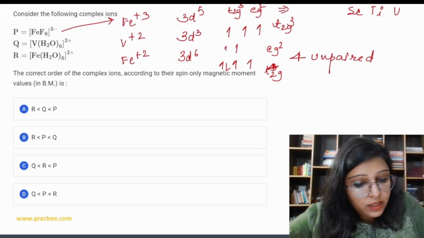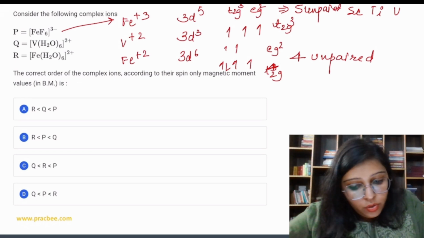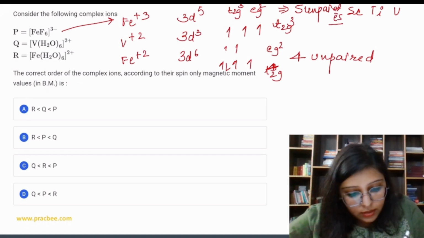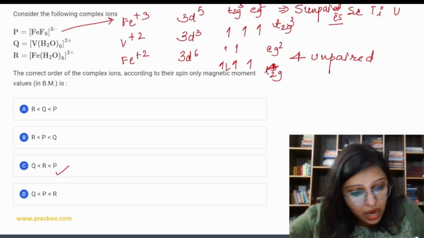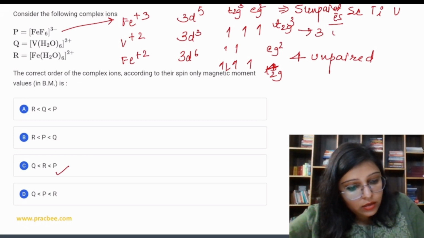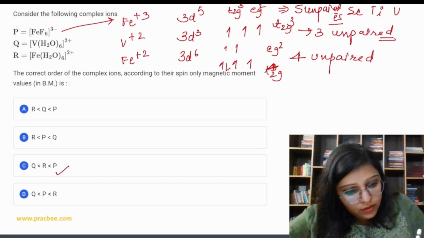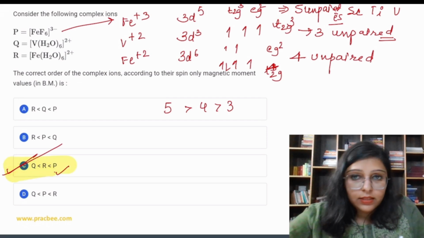So here we have 3, 4, 5 unpaired electrons. So highest is going to be in P, then R, and then Q. 5, then 4, then 3. Right? So P, R, Q. So option C is the correct answer.